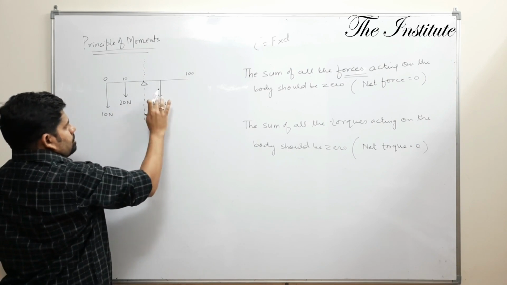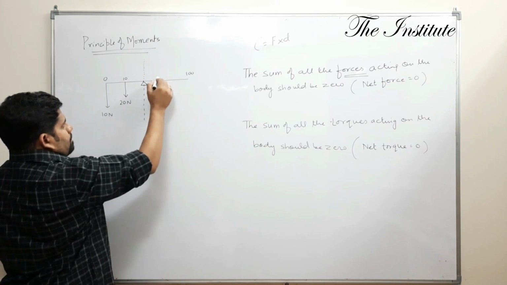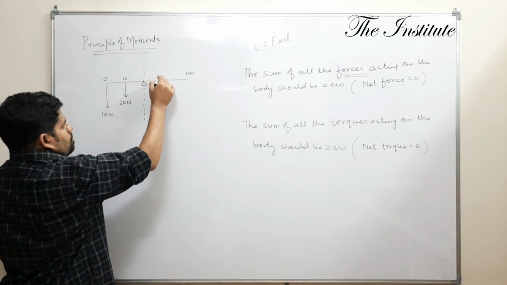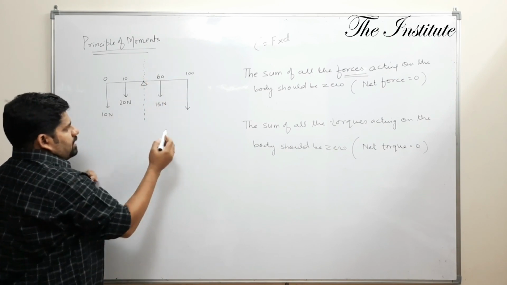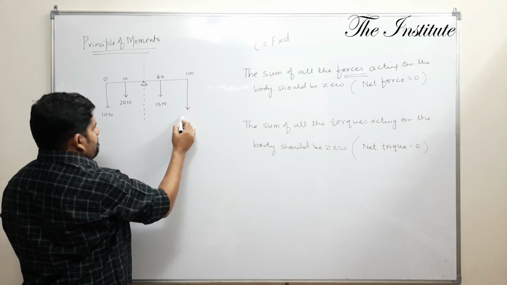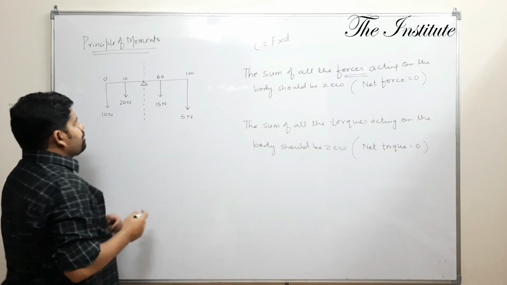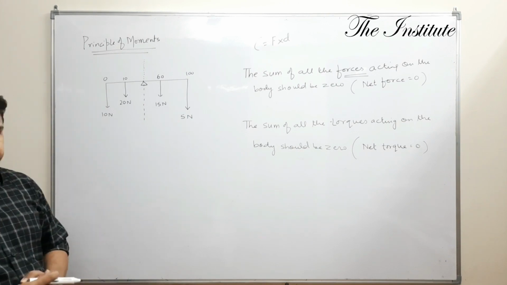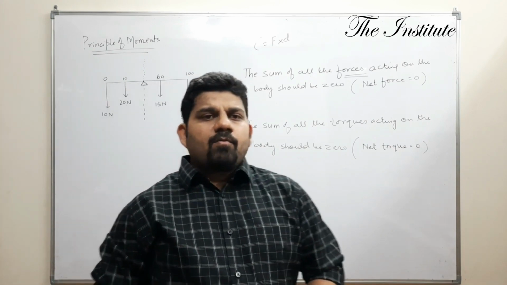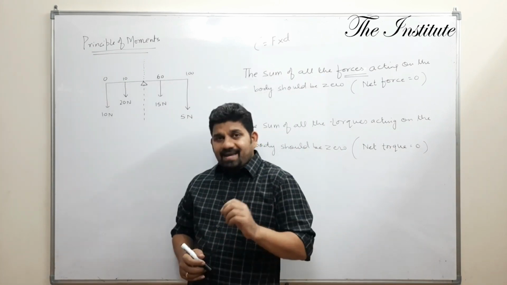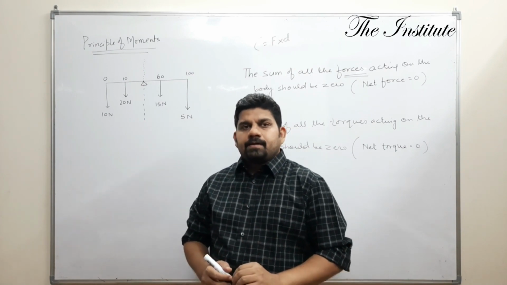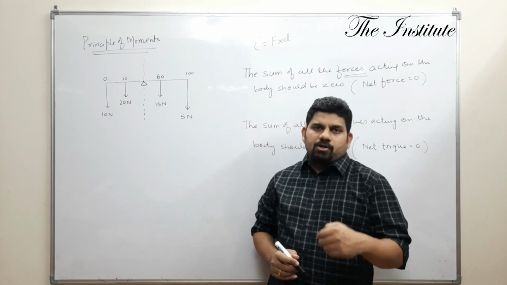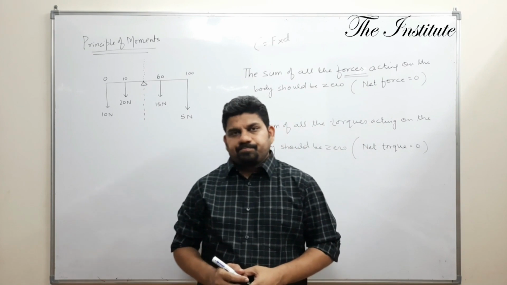Suppose we take these many forces. Now, the principle of moment says in equilibrium, the sum of anti-clockwise moment is equal to the sum of clockwise moment.